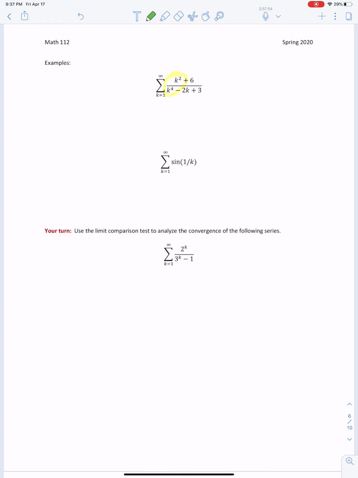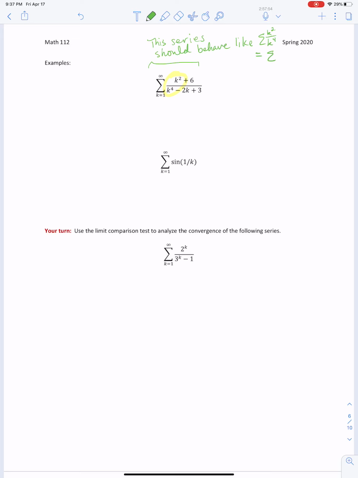What we see is it's a ratio of two polynomials, and the leading terms here are k squared and k to the fourth. So what we believe is that this series should behave like the series that we would get by dividing k squared over k to the fourth, in the sense that as k gets large, the terms of our series look like the terms of k squared over k to the fourth, right?